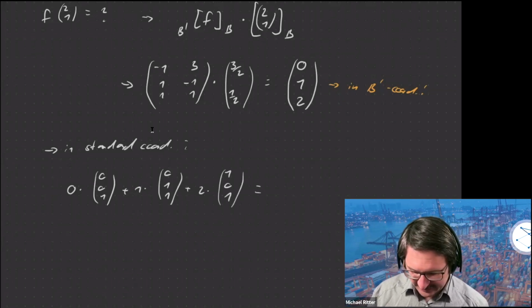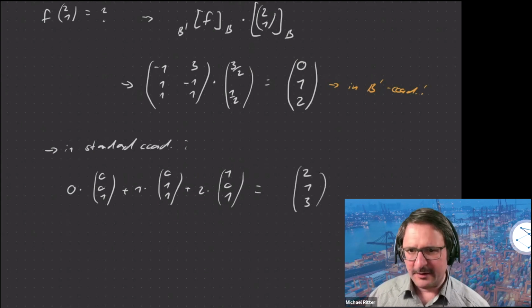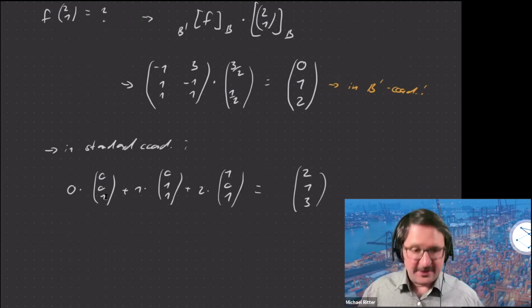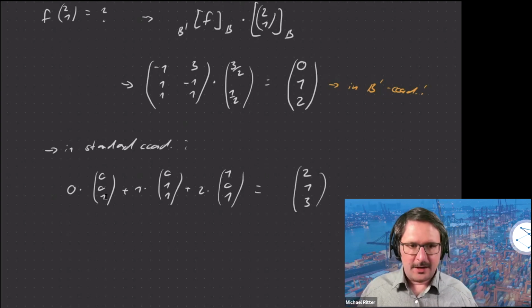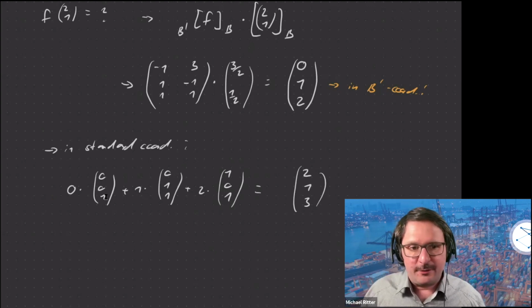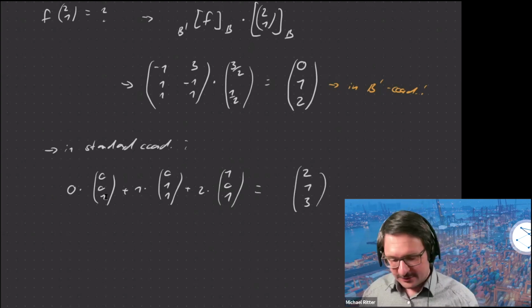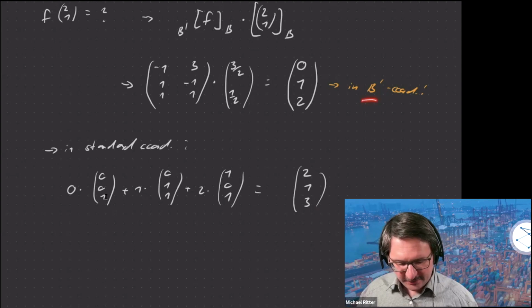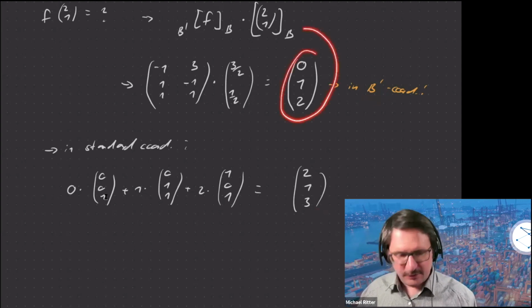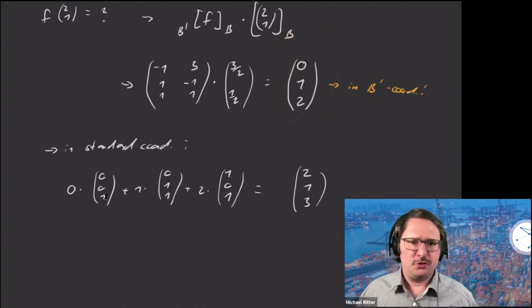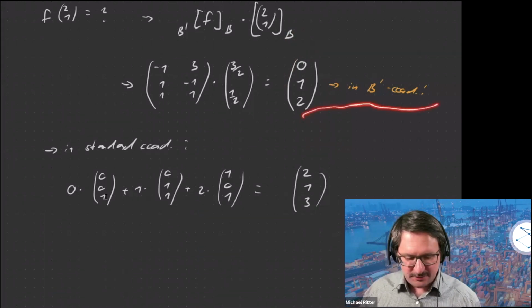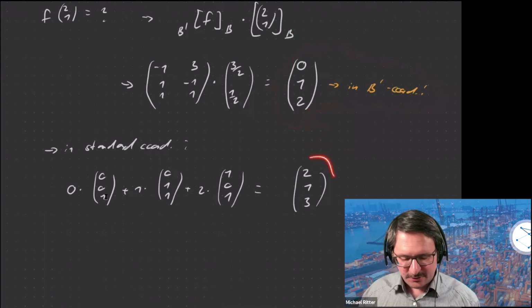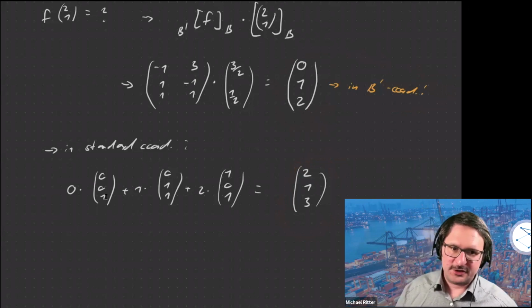And that will give me, let's see, (2, 1, 3), I think. Yes, hopefully that's still correct. So this would be the result. And of course, if it's not specified whether the result is wanted in terms of B prime coordinates or not, then this is a totally valid answer. You should maybe mention that this is given in B prime coordinates, but there's actually no need to compute this vector anymore. I just did that for clarification.